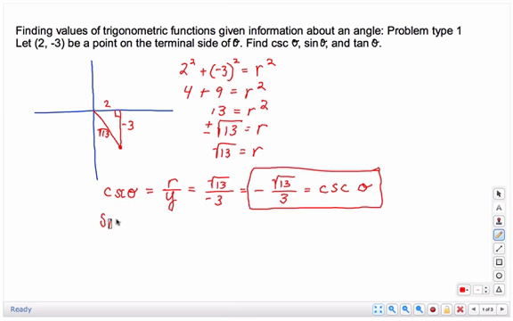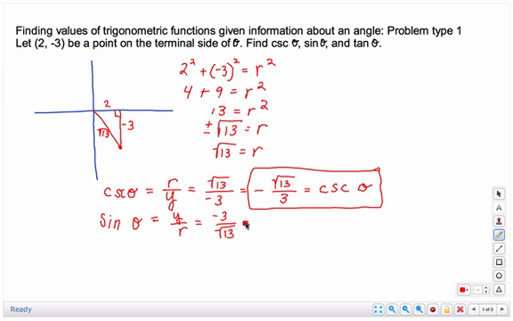Okay, then let's calculate sine of theta. Now sine of theta is the reciprocal of cosecant, so it's simply y over r. So it's going to be this reciprocal. So that's a negative 3 over the square root of 13.